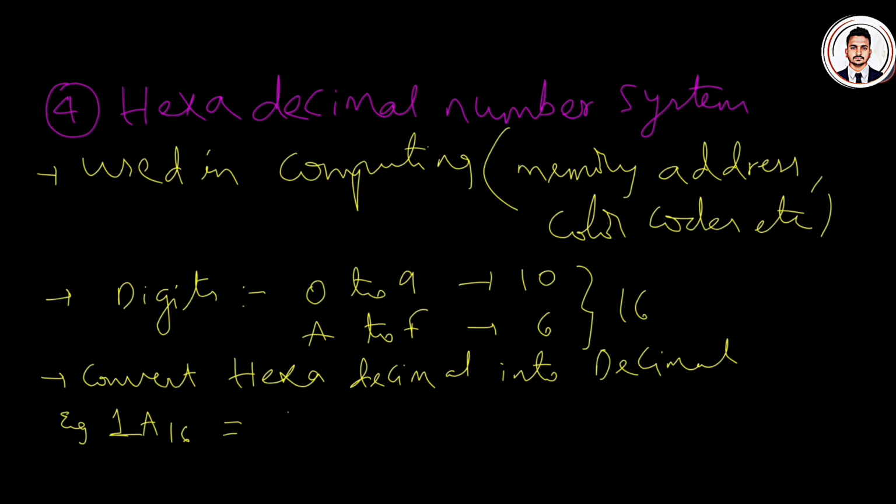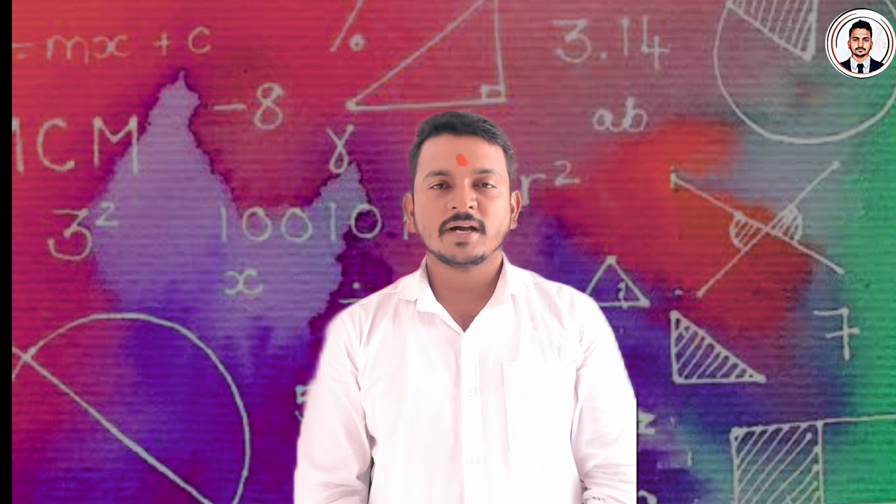Since it is base 16, we go in reverse order: 1 into 16 power 1 plus 10 into 16 power 0. So what do we get? 26. How? 1 into 16 is 16, plus 10 into 16 power 0. Anything power 0 is 1, so 10 into 1 is 10. 16 plus 10 is 26. So this is the final answer. After converting 1A base 16 to decimal, we got 26.